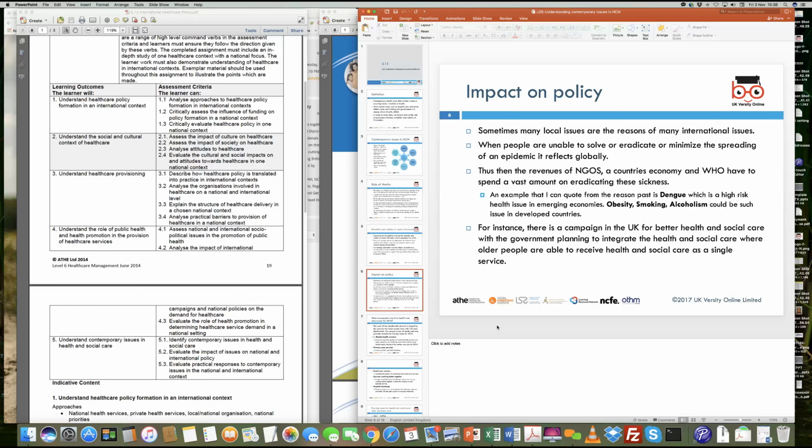An example I wanted to quote is that if you're traveling abroad on a holiday and you get affected by, say, dengue, then you are at high risk because you run a high fever and other bits and pieces.